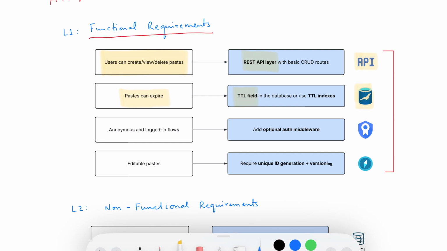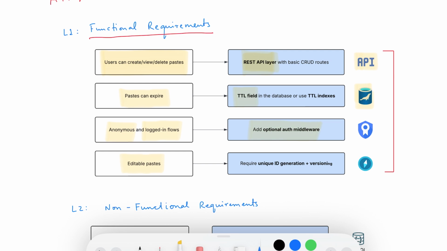The next question that we asked was whether anonymous or logged-in flows are supported. Based on that, we can implement an optional authorization middleware which will protect our REST API routes based on the authorization status of the client. Correct. And the final question that we asked in our first layer, functional requirements, is whether we are allowing editable pastes or not.